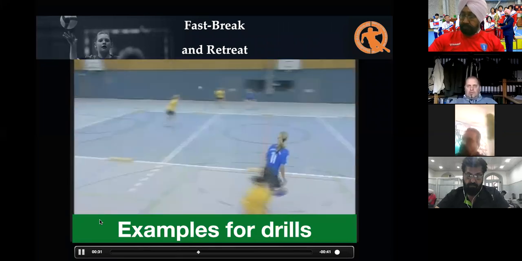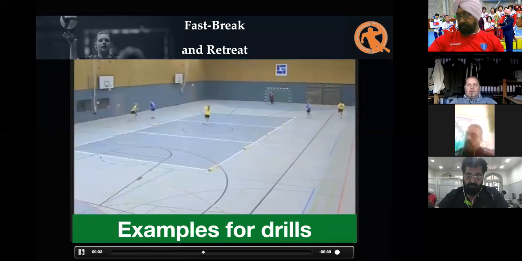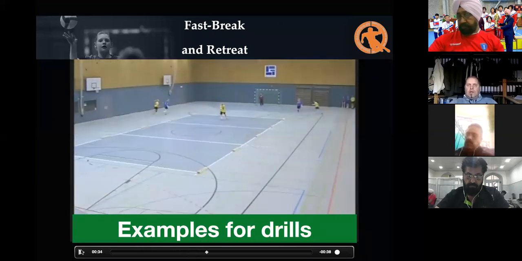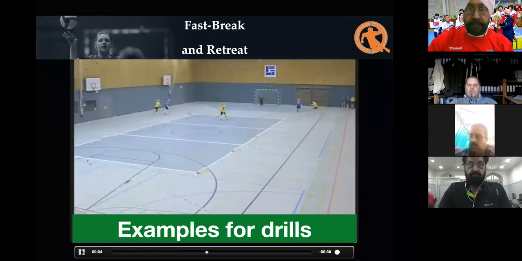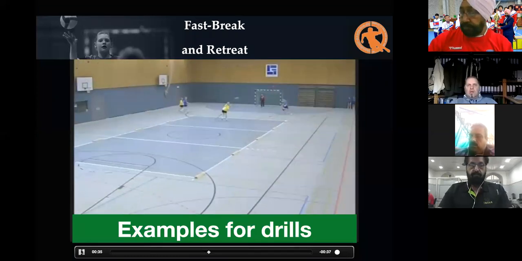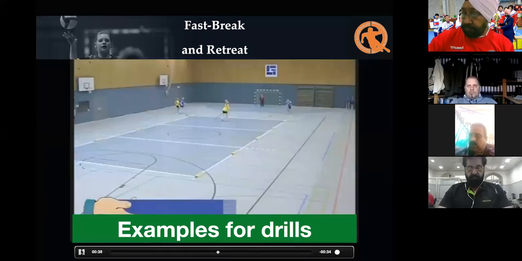So they run free. And now, very important, we have the final marking here. So they go along the wing area. But if they are not successful, they can run into the center area where the pivot position is, and then receive the ball like this here, but the defense was going back.